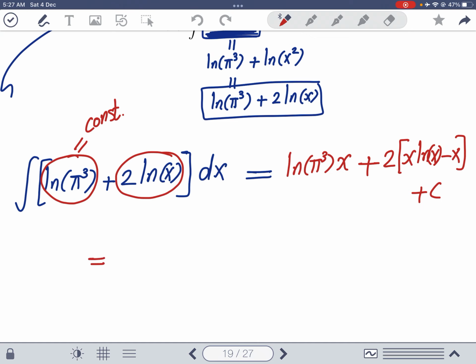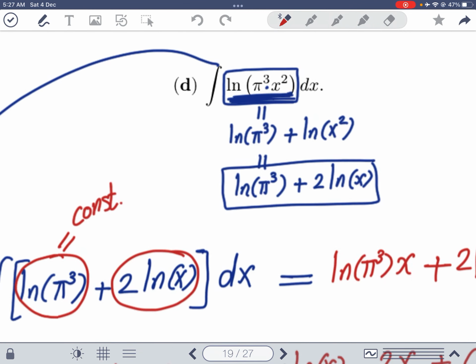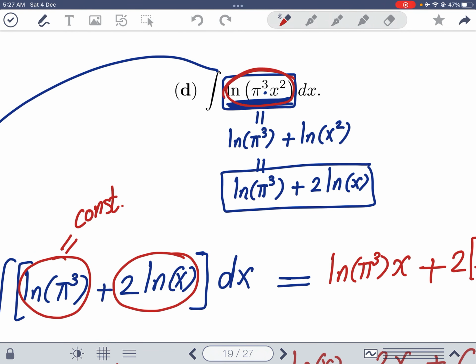And now I will continue it here. So it will be ln pi cube x, I'm just simplifying now, plus 2x ln x minus 2x plus c. And notice, this 2, I'm going to put it up here for the square in order to write my final answer in the same way that the function was given.